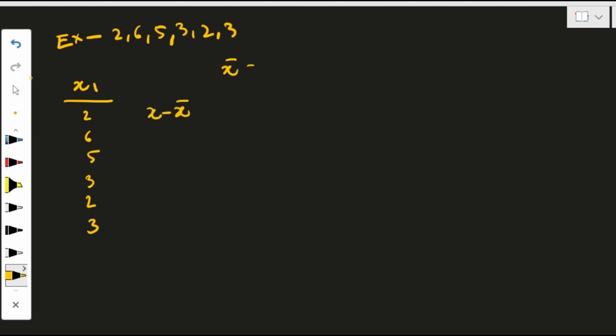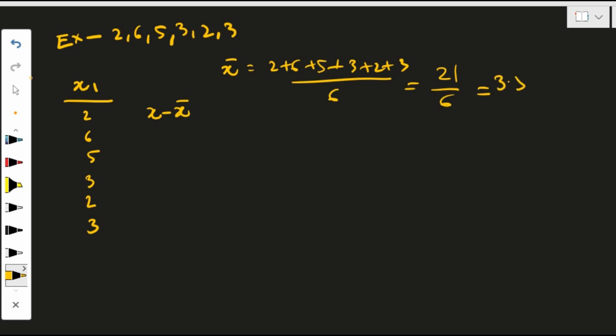So the mean value will be 2 plus 6 plus 5 plus 3 plus 2 plus 3, divided by 6. The sum is 21, not 19. So it is 21 by 6 and you will get 3.5.